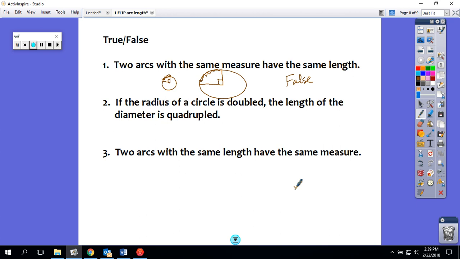Alright, well, let's think about that for a second. So let's say that we have a radius of 4. If I double that, that would give me a radius of 8. If I started out with 4, my diameter was 8.